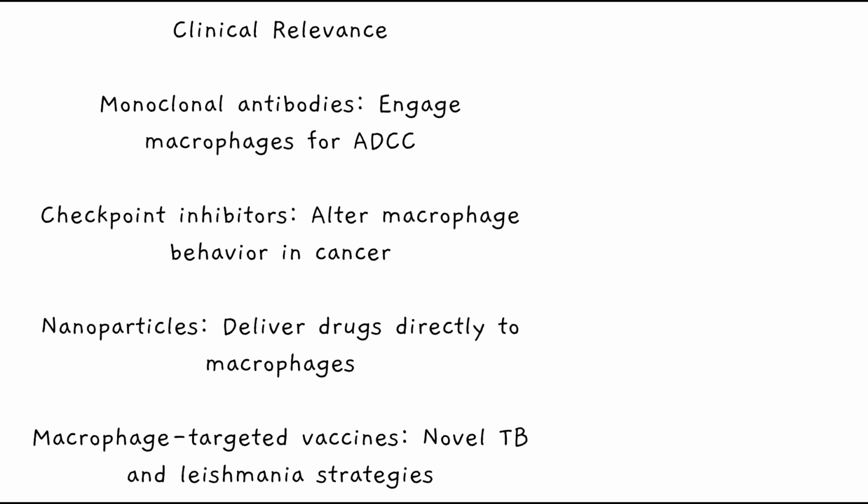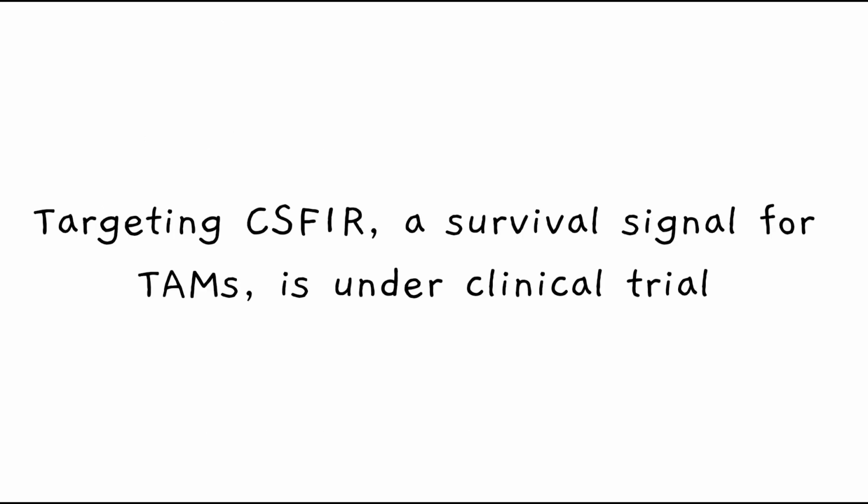Then there are checkpoint inhibitors, originally developed for the T cell and now being explored to reprogram the TAM back to an M1-like pro-inflammatory cell, and this shifts macrophages from being tumor protector to tumor destroyer. Example, a drug that targets CSF1R, a survival signal for TAMs, is under clinical trial.